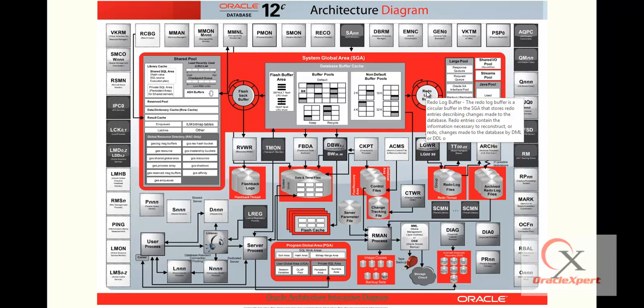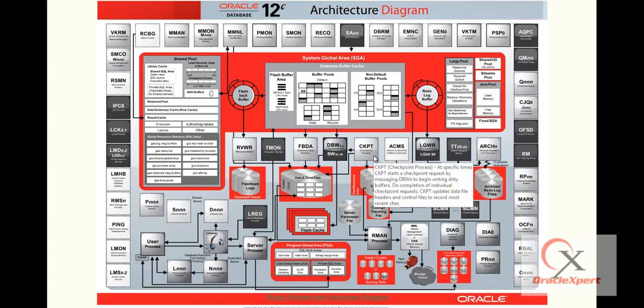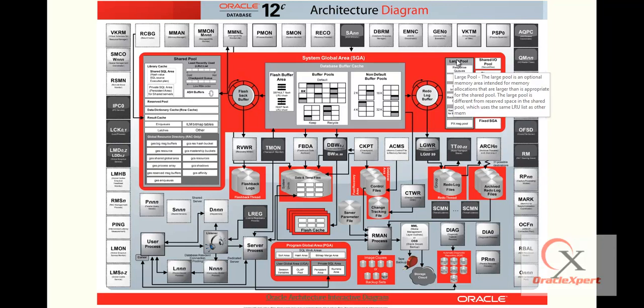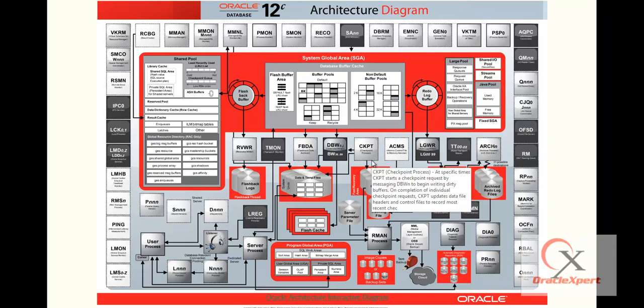Apart from the buffer pools, which are made up of blocks of standard Oracle block size, you may have tablespaces with non-standard Oracle blocks. For such non-standard Oracle block sizes, you have to configure non-standard default buffer pools.